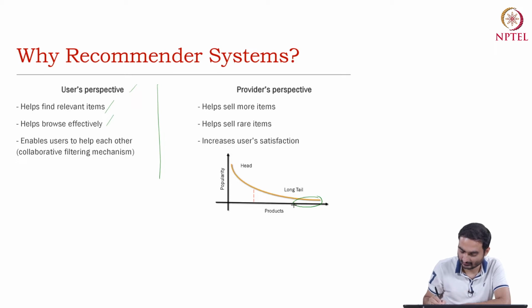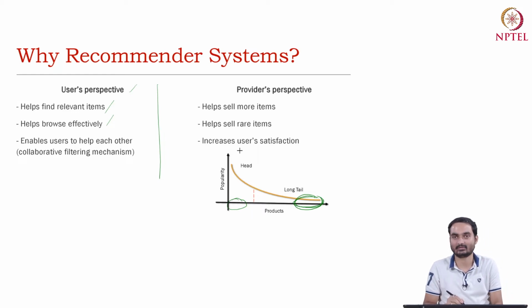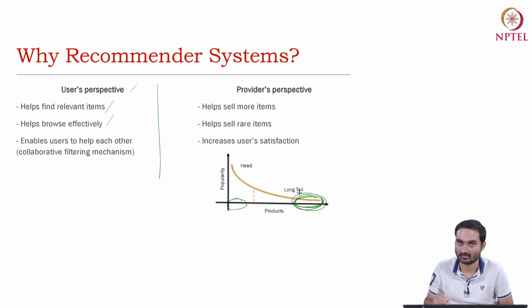There are a lot of products which are less popular, and there are very few products which gain a lot of popularity. So, we generally see this kind of long tail distribution, and the problem is to sell these kind of products.